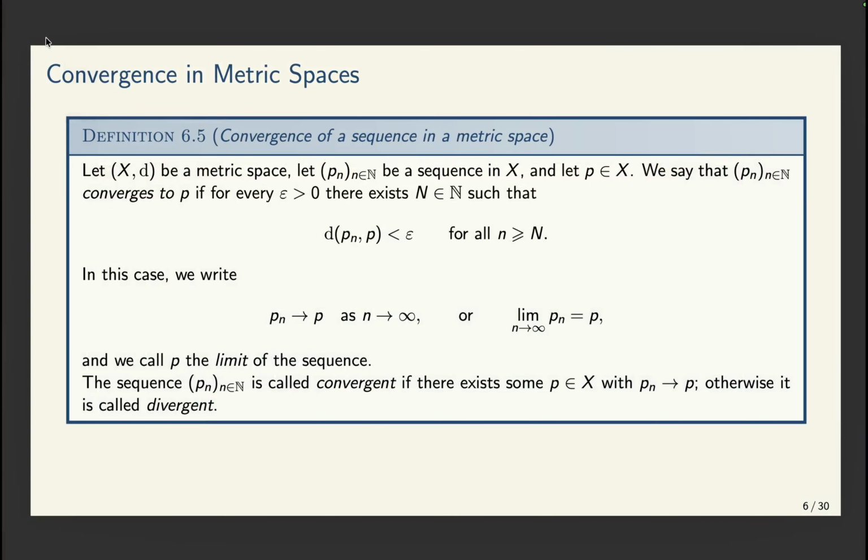So let X and d be a metric space, let P sub n be a sequence in X, and let P belong to X. We say that this sequence P sub n converges to P if for every epsilon greater than 0, there exists a natural number capital N such that the distance between Pn and P becomes smaller than that epsilon if n is greater than or equal to N. If this does not happen, we say that Pn does not converge to P, and if it does not happen for every P in the metric space, we say that it is divergent. Okay?